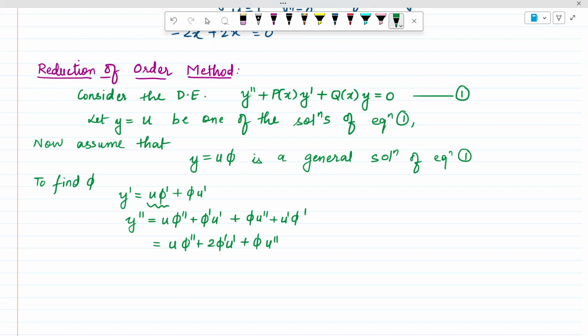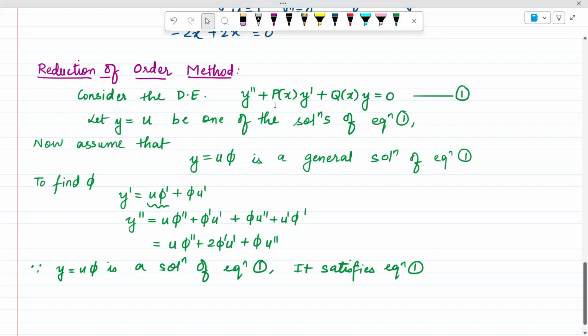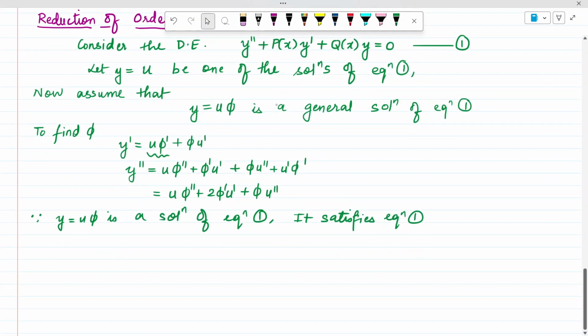Now, since y is equal to u times phi is a solution of equation number 1, it satisfies equation number 1. So let's substitute these values there.